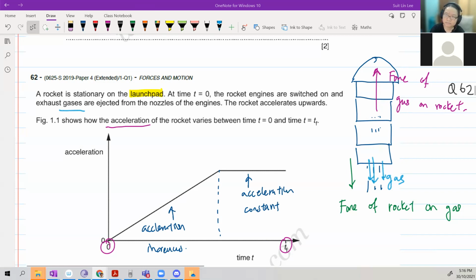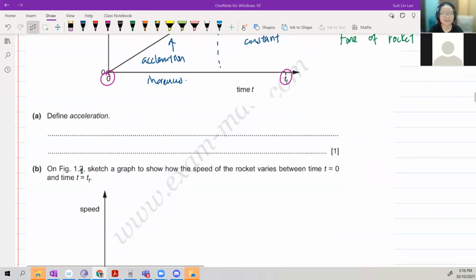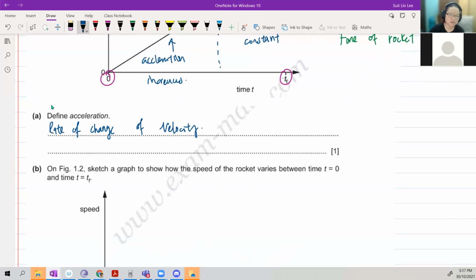Okay. So once we interpret the graph, and they ask you to define acceleration, this one is just a simple matter of fact to say that this is the rate of change of velocity. How much or how quickly velocity changes.